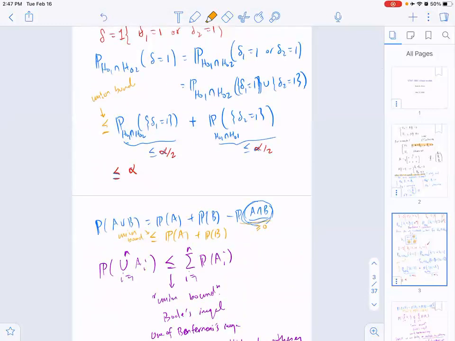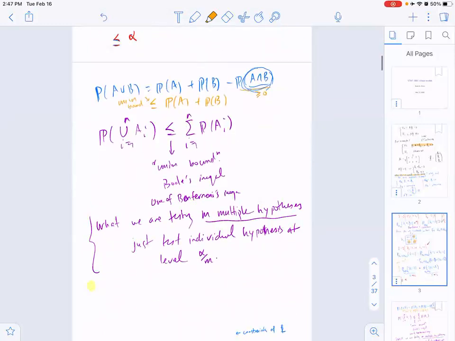So in order to have alpha equal 0.05, if you have 100 hypotheses, you have to test each individual one at level 0.0005, right? And this is very small, and your threshold would be very high.